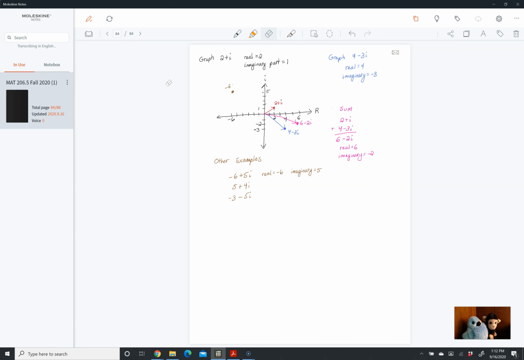And we don't have to graph it as a vector. We could just graph it as a point. Okay. Down here, the real is 5 and the imaginary is 4. So if we go over to 5 on the real, and then up to 4 on the imaginary, then we wind up over here. So this would be 5 plus 4i.